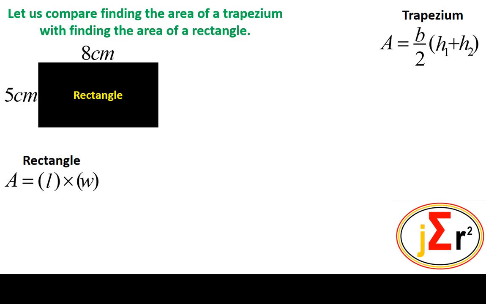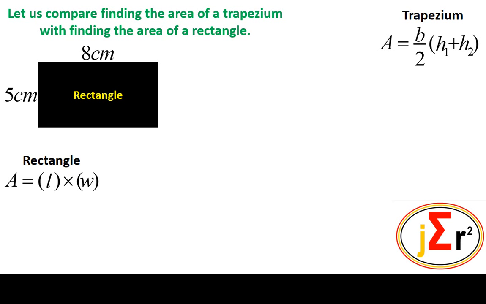And we are using the area of a rectangle to show that it can be found in the same way that we would find the area of a trapezium. Consequently, the area of the hypothetical trapezium will be the area of our rectangle that we have right there.